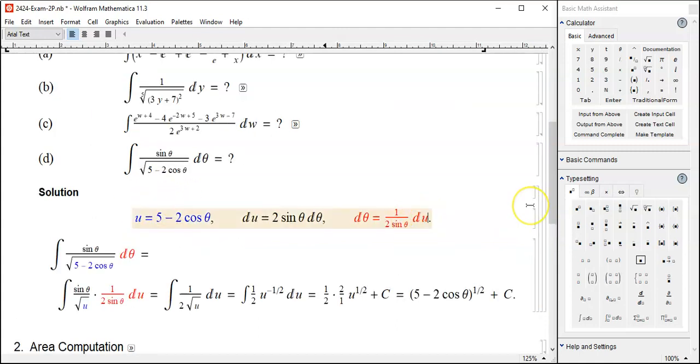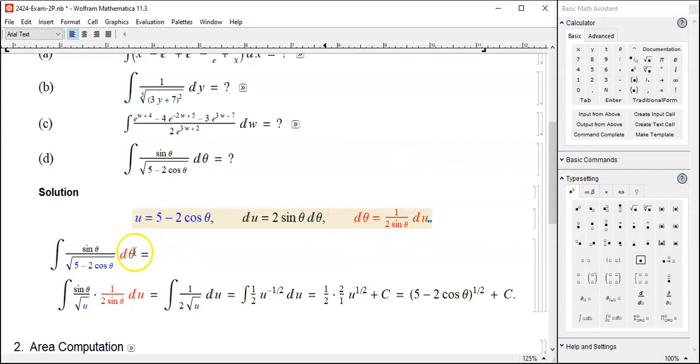Take a substitution, u as 5 minus 2 cosine of theta inside of a composite function, and take the derivative, and then solve for d theta. Do you follow this computation? And then let's substitute everything back in.